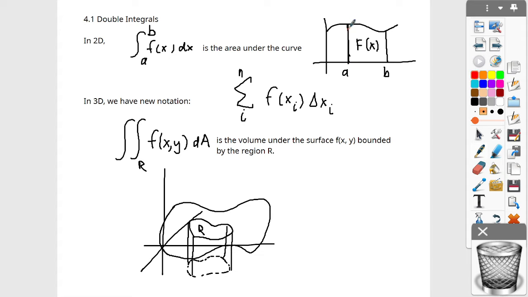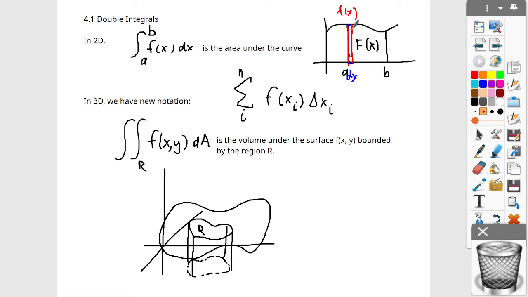So I'm going to label that: that's f of x, and then you're multiplying that by dx. So f of x dx is this really small, thin slice of area.